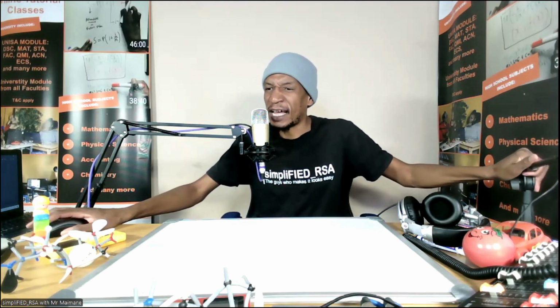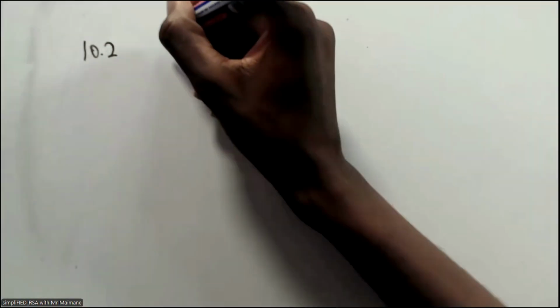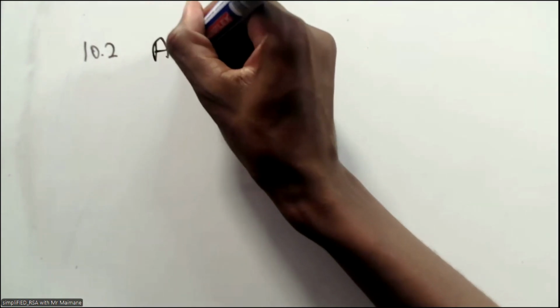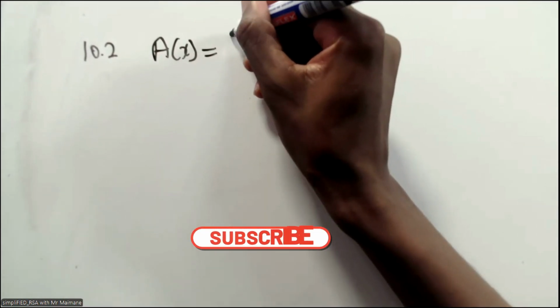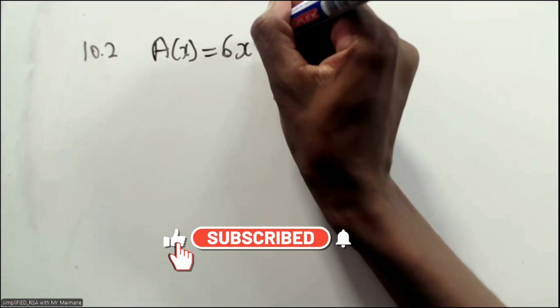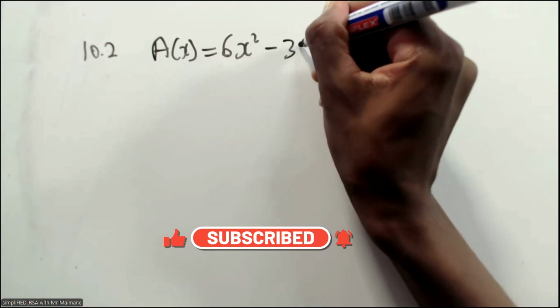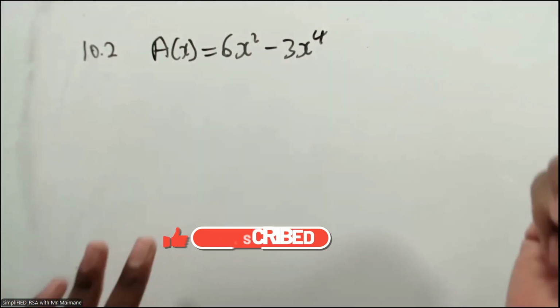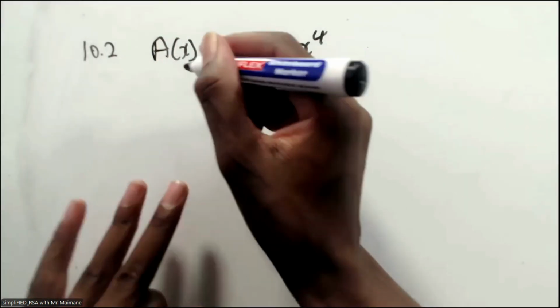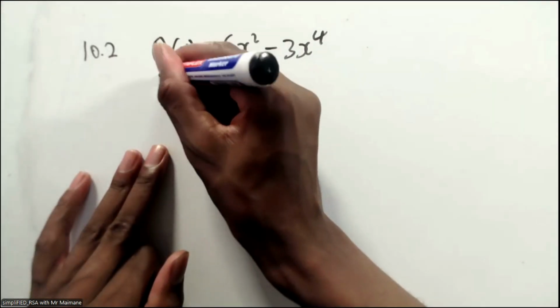So now, this is how we're going to go. We already know that the expression of that area is A(x) equals 6x squared minus 3x to the exponent 4, right? And then I will differentiate this and equate it to 0.